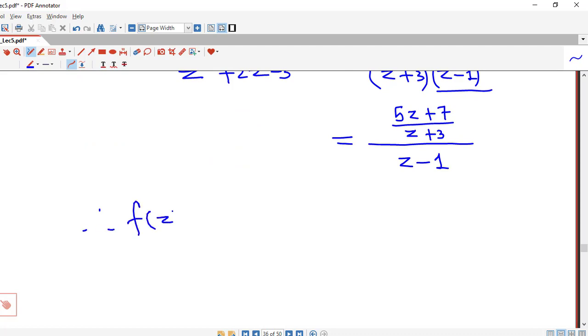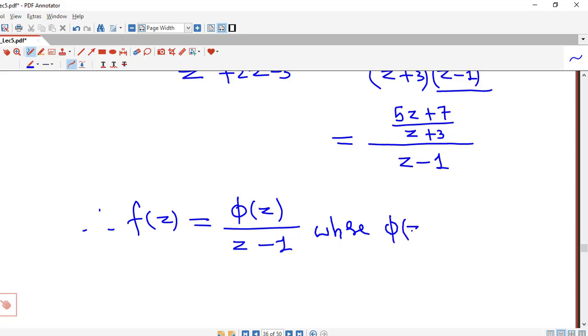f of z can be written in this form: phi of z divided by z minus 1, where phi of z is this numerator 5z plus 7 divided by z plus 3. Now this phi of z is analytic everywhere except z equal to minus 3.